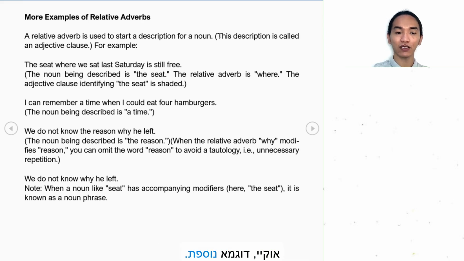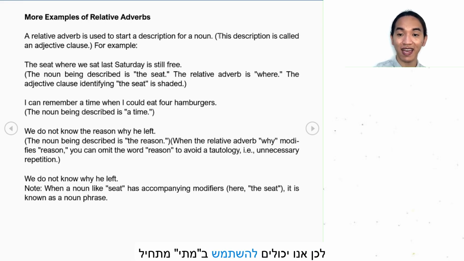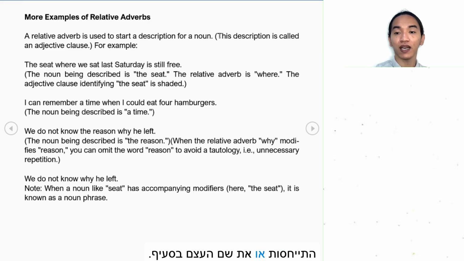Next one. I can remember a time when I could eat 4 hamburgers. The noun being described is a time. That's why we can use when to start your adjective clause: I could eat 4 hamburgers.